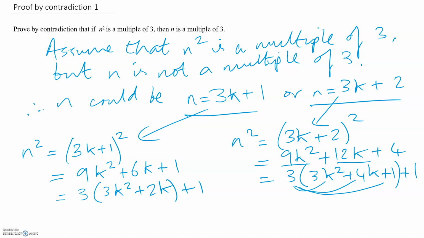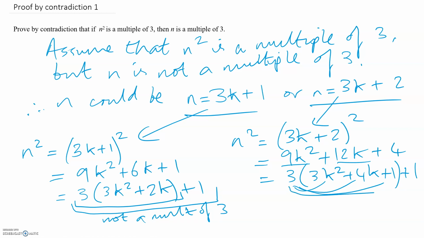So that means that this here is a multiple of 3. So that means all of this, the whole thing, is not a multiple of 3.